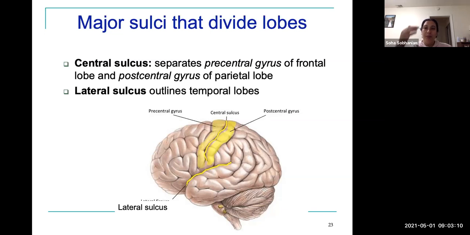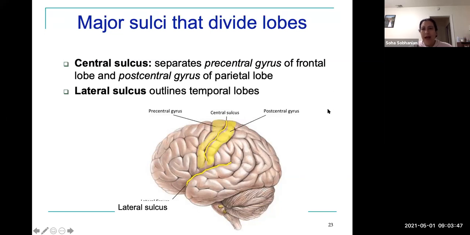Everybody remember the words pre versus post, right? Pre means before, post means after, like pre-op versus post-op. If you have surgery, you have pre-operation, post-operation, same concept. This one is before the central sulcus, so I call it precentral gyrus. And this one is after the central sulcus, so I call it postcentral gyrus.